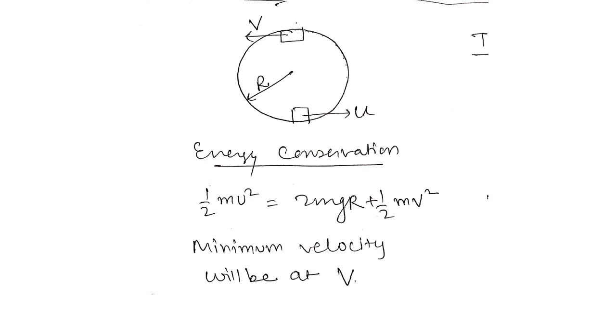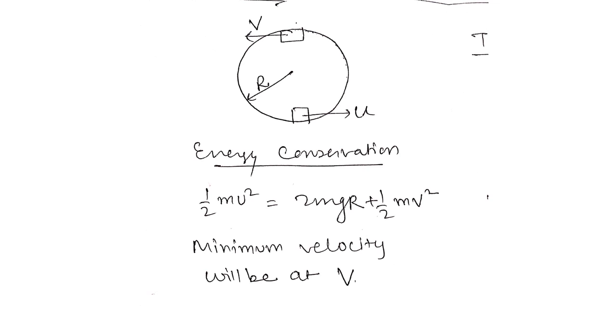For it, we will use the energy conservation equation. As I have written, I have assumed the velocity at the lowest point as u and the velocity at the highest point as v. At the lowest point, I have assumed that potential energy is zero, so only kinetic energy is left.